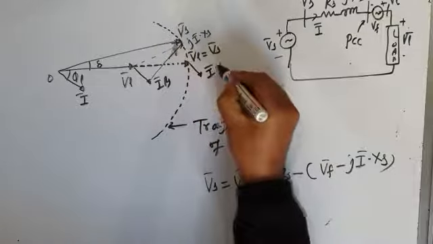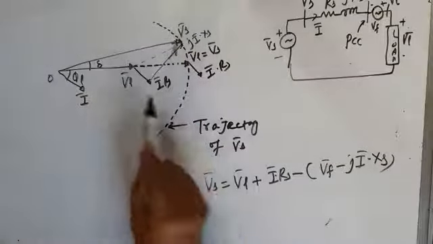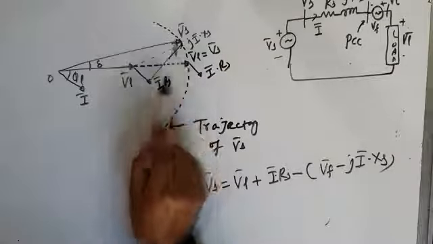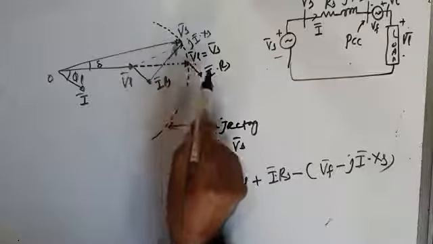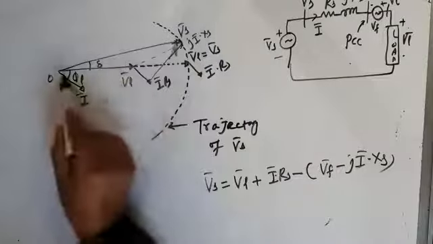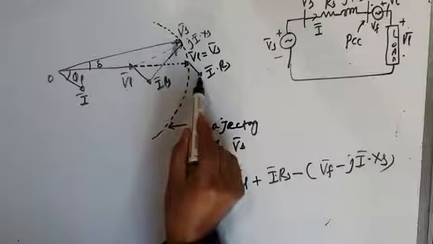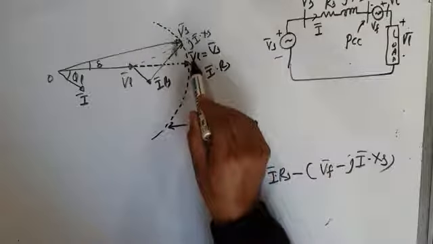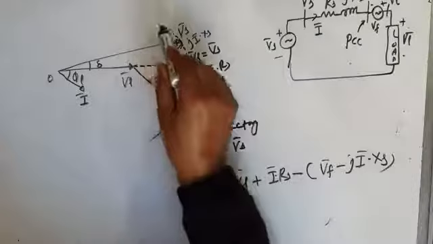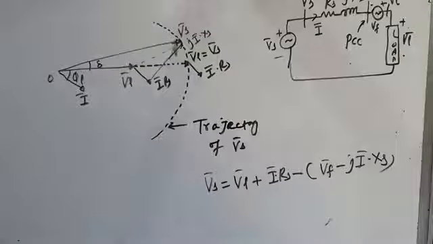I into RS. Now you can see again, if your source voltage is this, and if you make load voltage equal to source voltage, and this is your resistive voltage drop, then your phasor will come here. So the actual source voltage will be greater than load voltage, but we want our load voltage to be the same as source voltage, whose trajectory is this circular path.